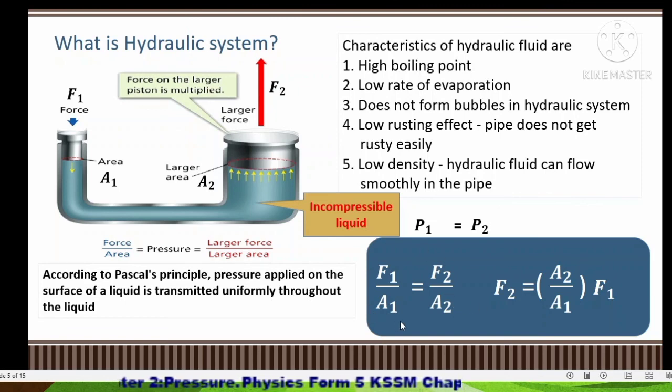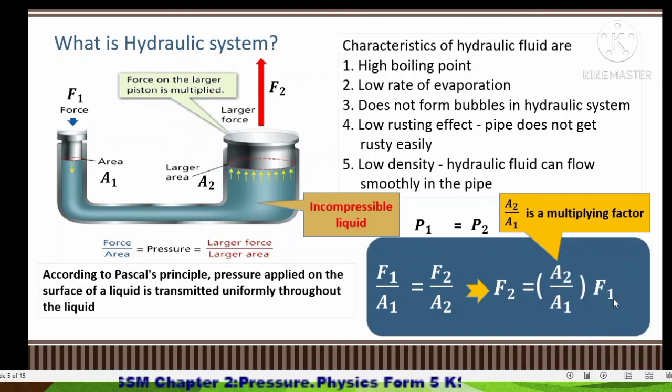From this relationship, we can rearrange. Thus, we get the output force, or the force produced at the second piston, equals A2 divided by A1 multiplied by F1. The ratio of A2 over A1, meaning the area of the second piston over the area of the first piston, we call the multiplying factor.